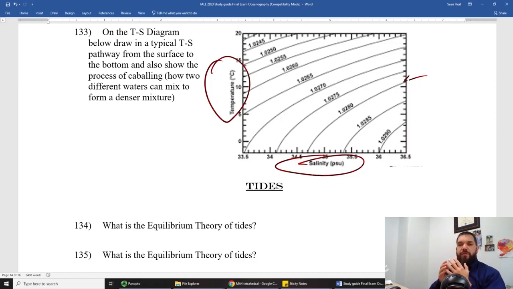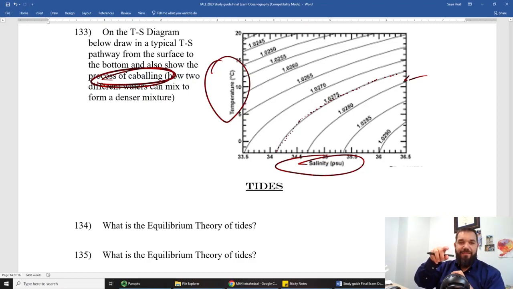So if you walk along this line, your temperature and your salinity will constantly be changing, but your density will stay the same. So one thing that I show in class is the process of caballing. Caballing is when you have two different kinds of waters with two different temperature salinity profiles, but the same density.